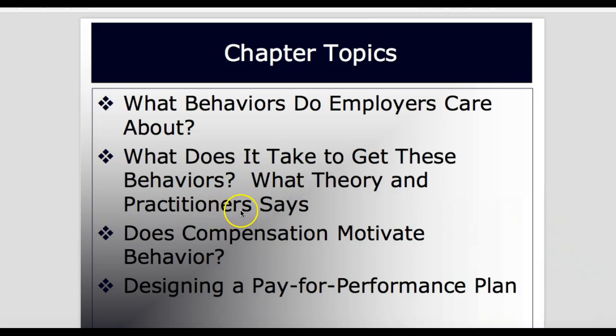that compensation is what it takes to influence or drive behavior that the employers desire, to drive behavior of the employee that the employers care about.